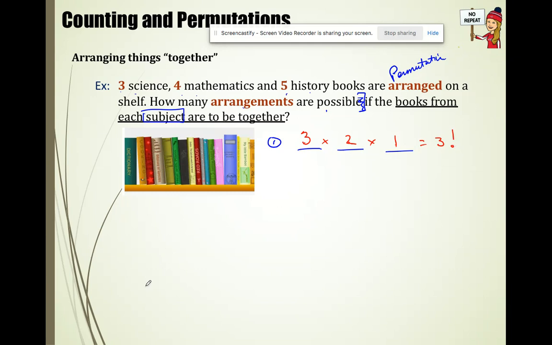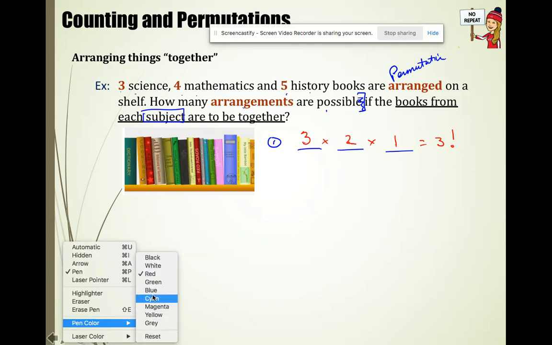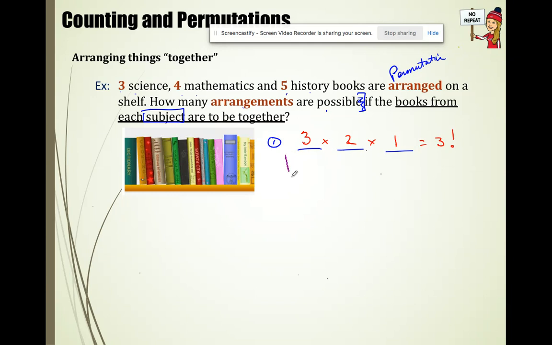But within each one of these, what do I have going on? In here, I have how many books? The 3 of the science books, right? So if I say science, math, and history, how many science books do I have? 3, right?